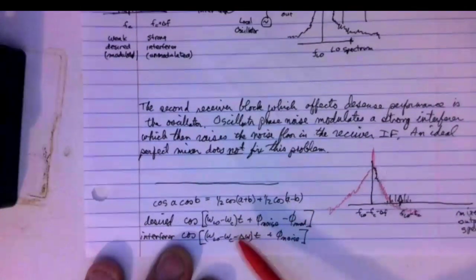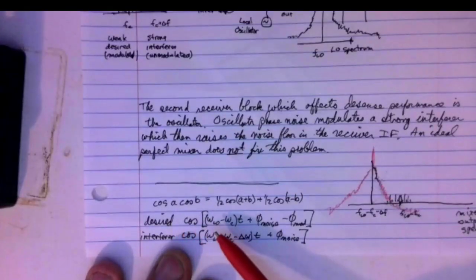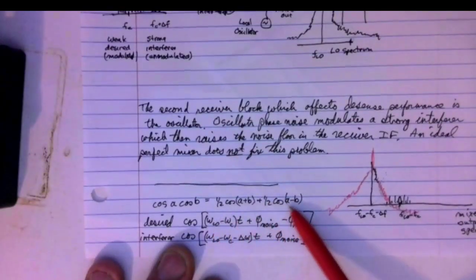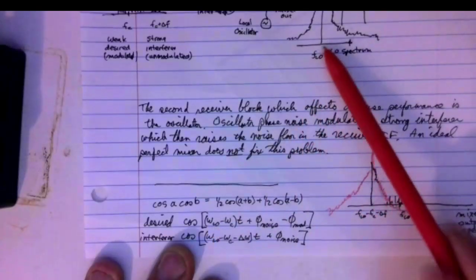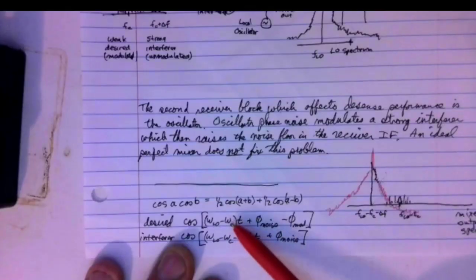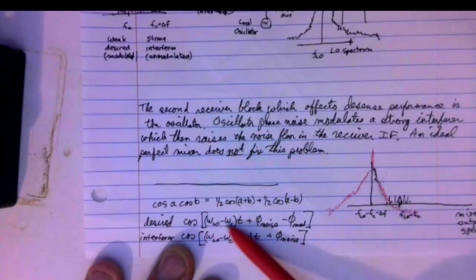So our desired is the cosine of the difference. This A minus B gives us a frequency difference. That's why we're doing the mixer, to form the frequency difference. So this is omega LO, the omega for the oscillator, minus omega C, the omega for the desired frequency. That's our frequency shift term.